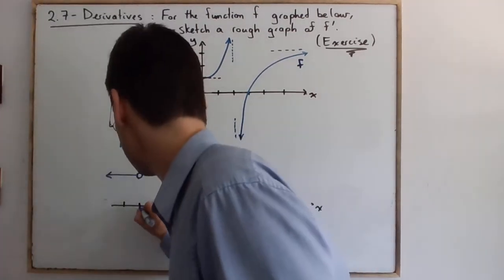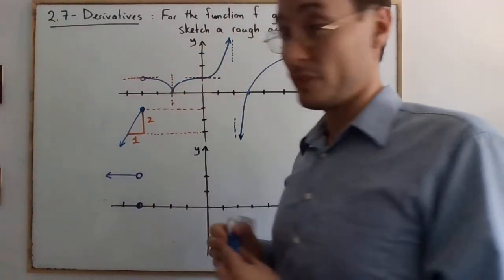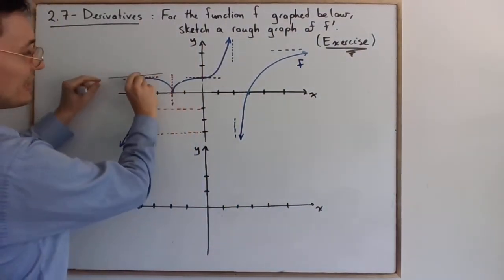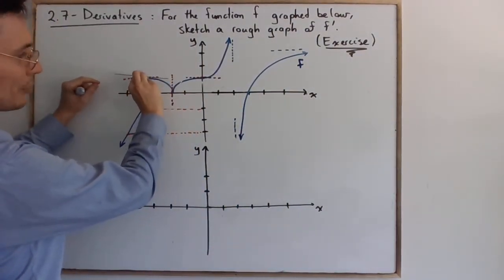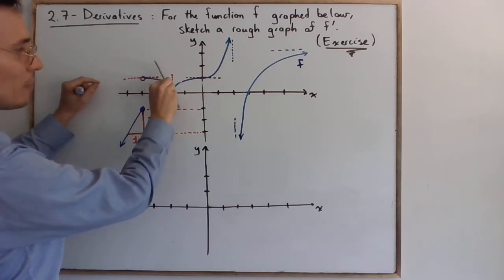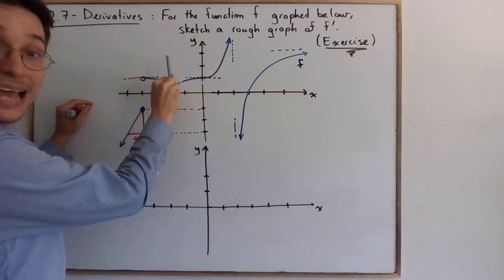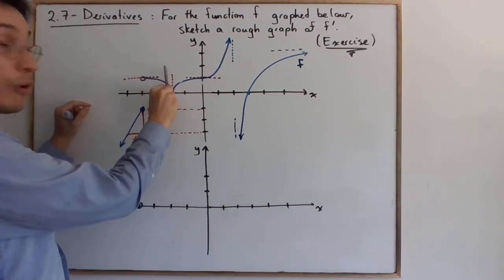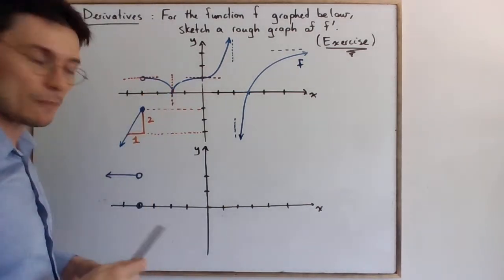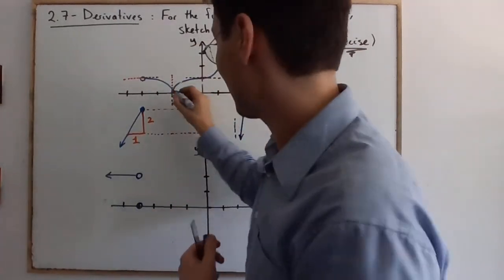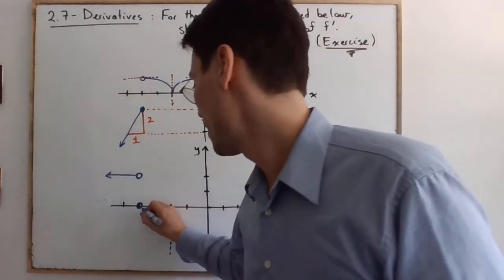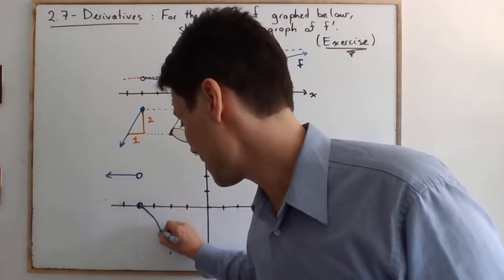So we put a 0 here. Now, in this interval, this is the slope, right? The slope is getting more and more negative, and it blows down because the line is getting more and more vertical. So this means that at -2, the derivative has a vertical asymptote, and it goes like this.